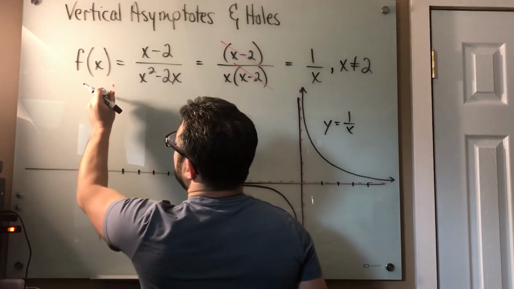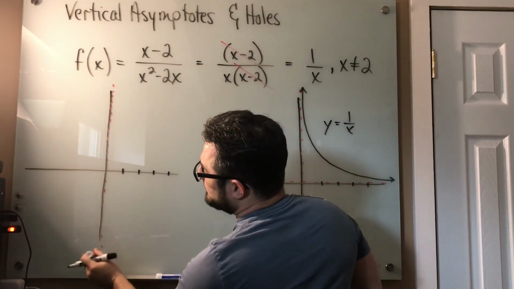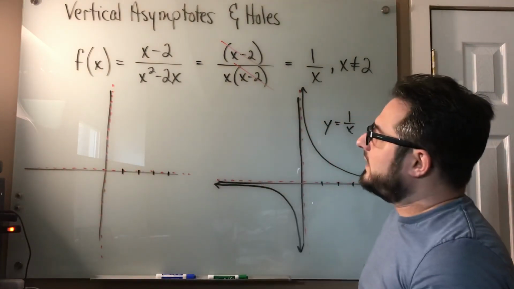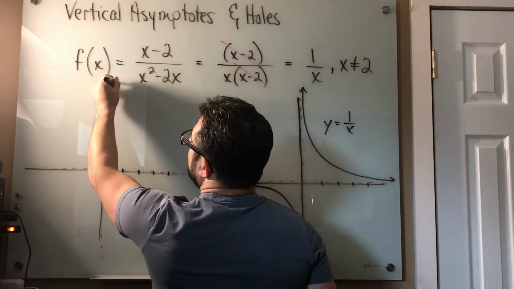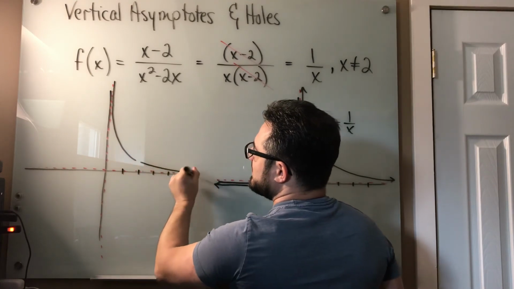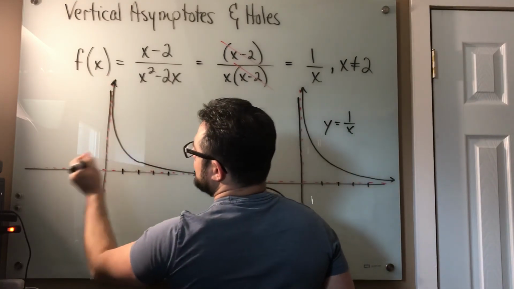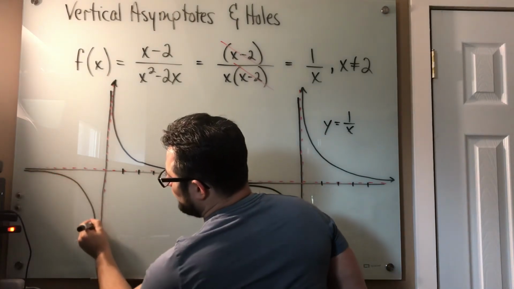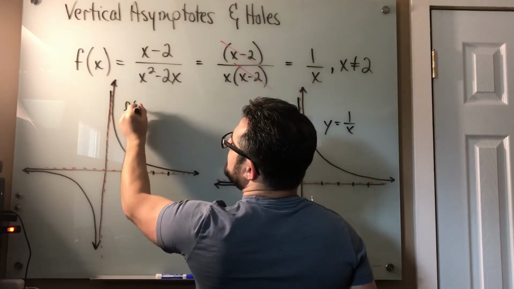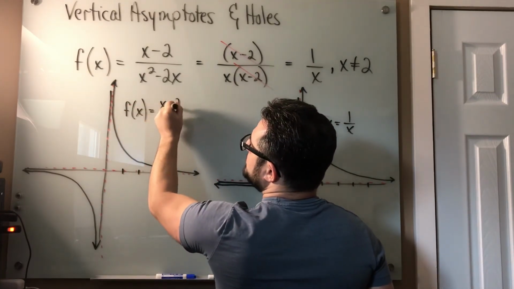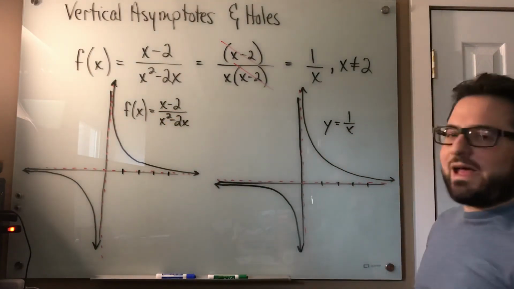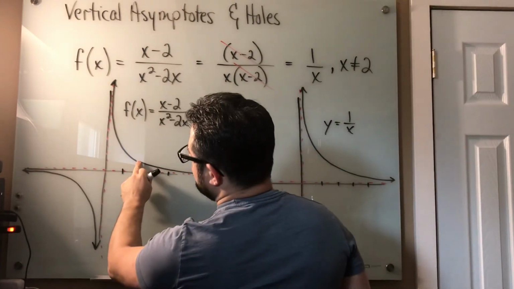It's going to have the same vertical asymptote, the same horizontal asymptote, and it's going to have almost the same shape to its graph, except that the graph of f of x equals x minus 2 over x squared minus 2x has to be missing this point right here.